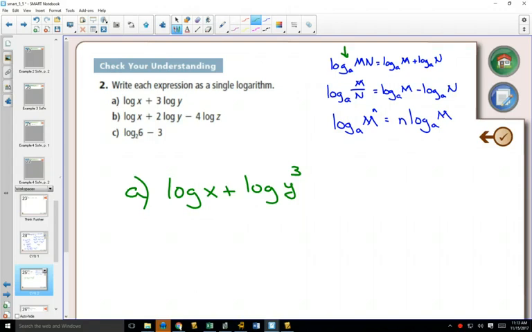Now I have a log plus a log, so I could use the first log law: a log plus a log is the same as multiplying inside. If you'd like to put that in brackets, you can, but you wouldn't need to. And so now we've written it as a single logarithm.